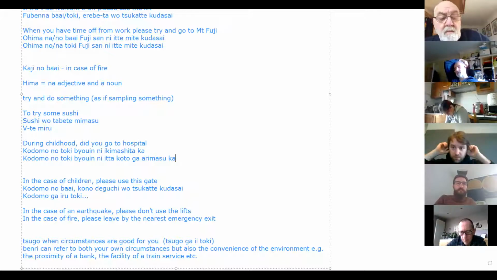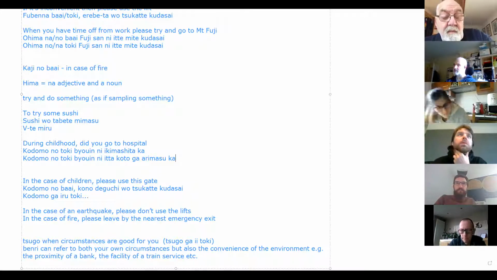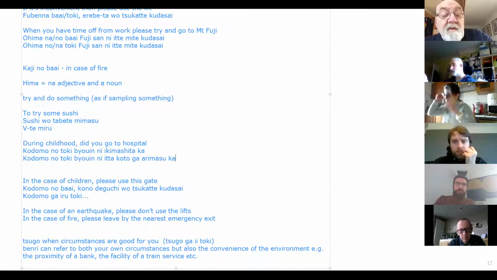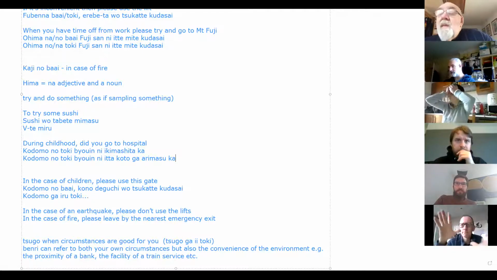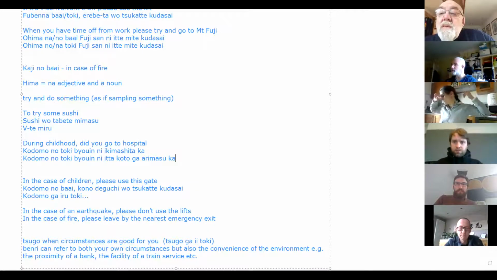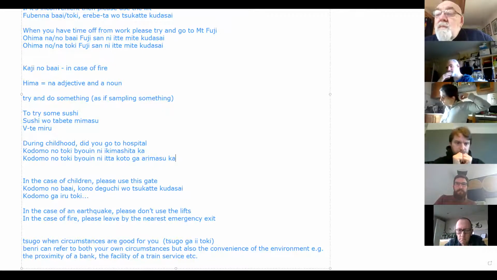Ikimashita is really talking about a specific event or time at which this happened, and kodomo no toki is not specific enough. It's a long duration of time. To confirm if somebody actually went to hospital, ikimashita would be the only one you could use. You couldn't use itakoto ga arimasu ka.